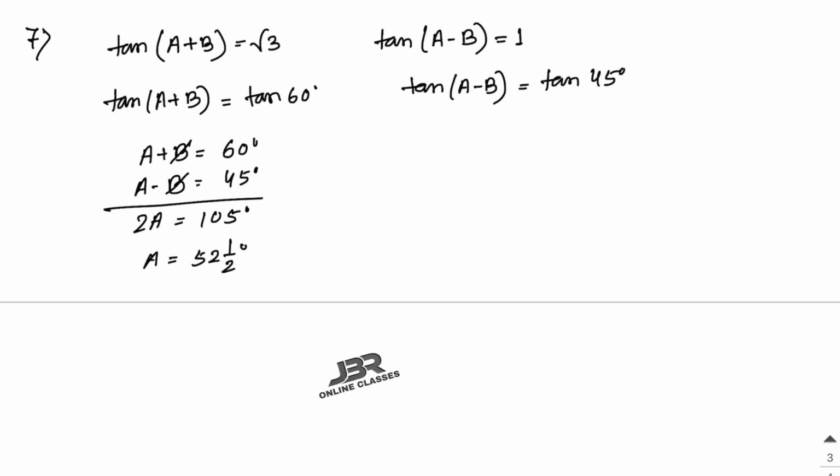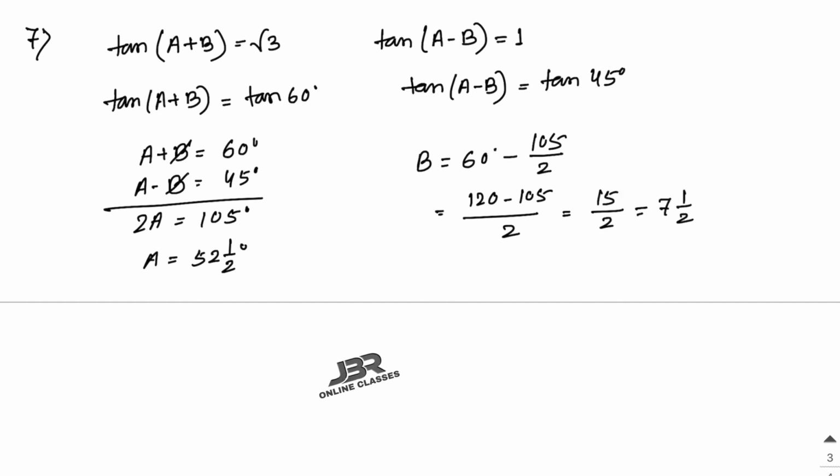As A equal to 52 whole 1 by 2, you can easily find out the value of B. So B equal to 60 degree minus 105 by 2, that means 120 minus 105 by 2, which is equal to 15 by 2, that means 7 whole 1 by 2 degree. Okay, A equal to 52 whole 1 by 2 and B equal to 7 whole 1 by 2 degree is your answer.